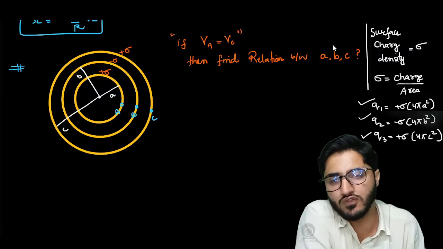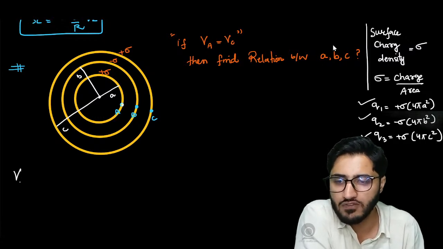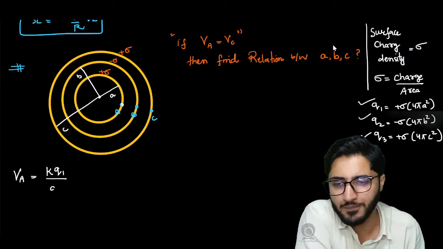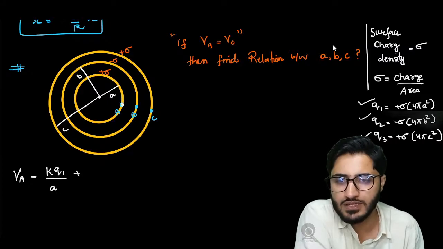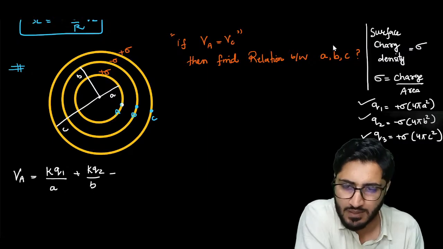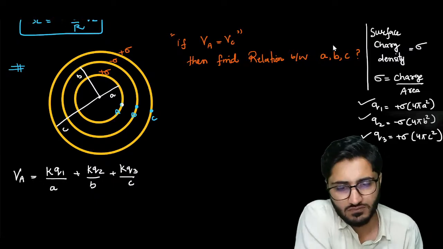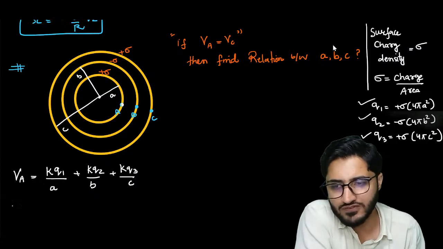For the potential VA, I will write K Q1 divided by A plus K Q2 by B plus K Q3 by C. So what is VC?